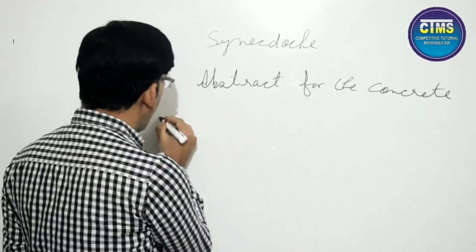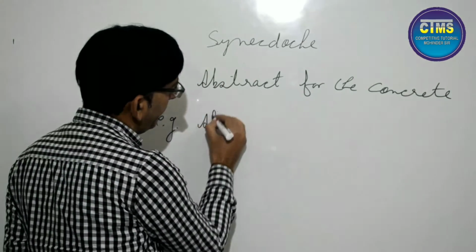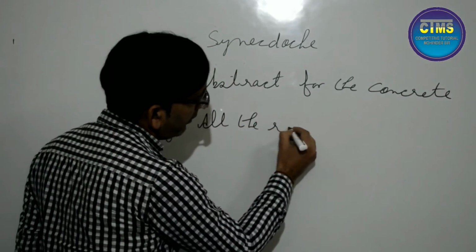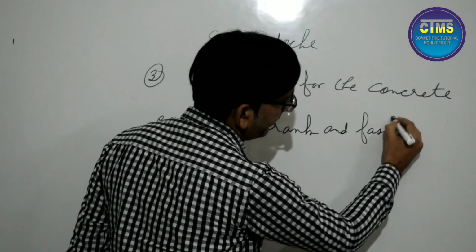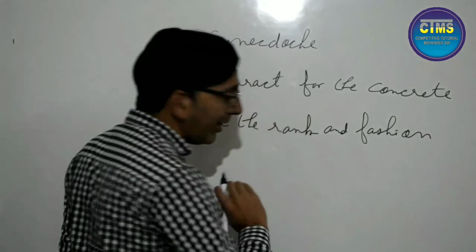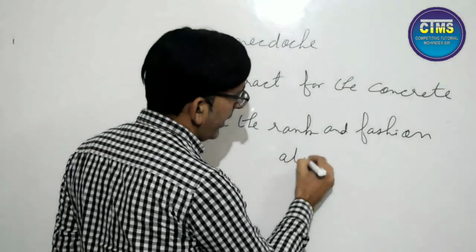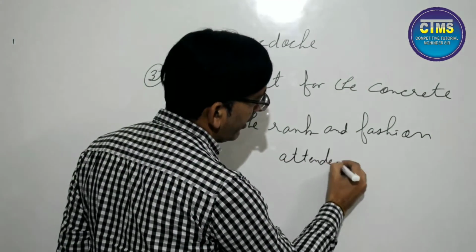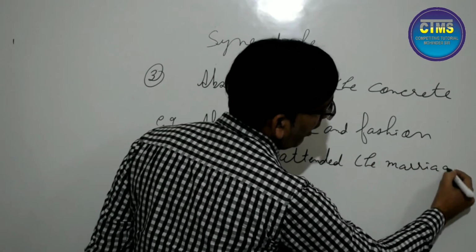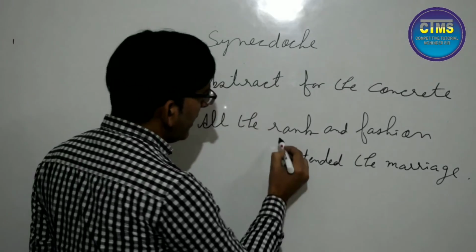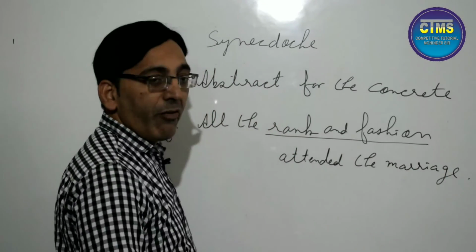I just want to give you an example. For example, all the rank and fashion attended the marriage. So where is Synecdoche here? Synecdoche is here, in rank and fashion.